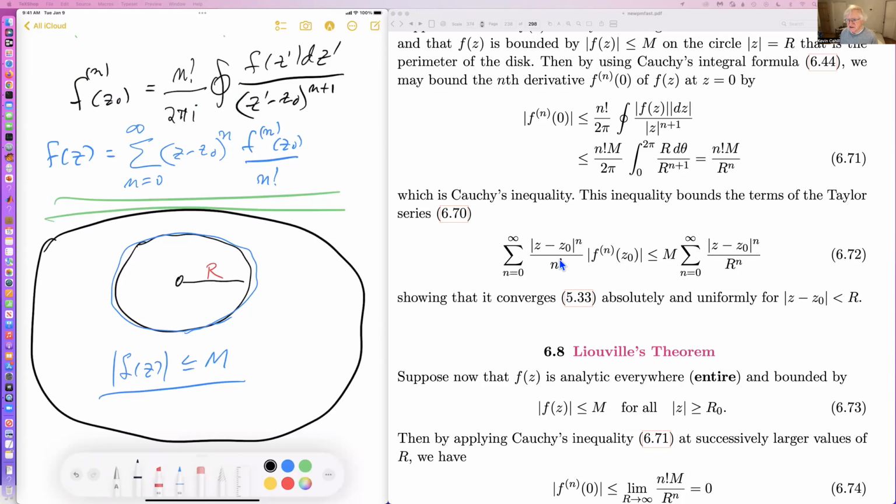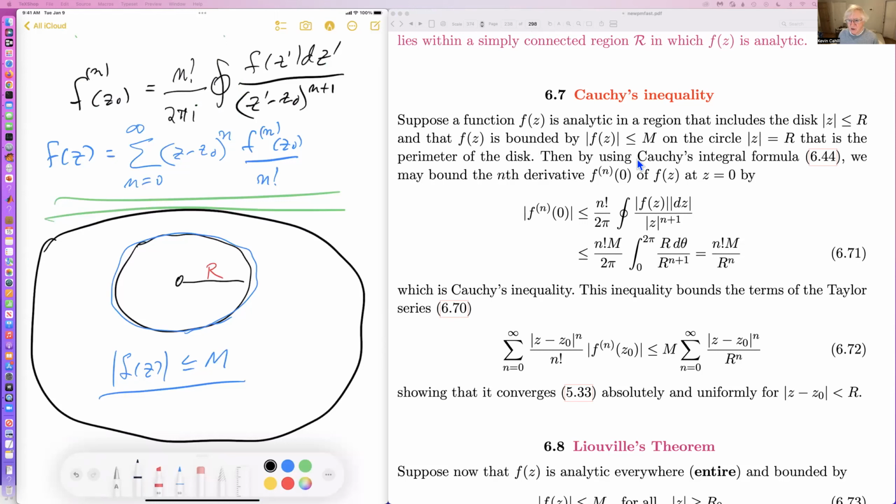And now this converges absolutely and uniformly for |z minus z0| less than r. I guess what we're saying here is that the nth derivative is bounded in this way.